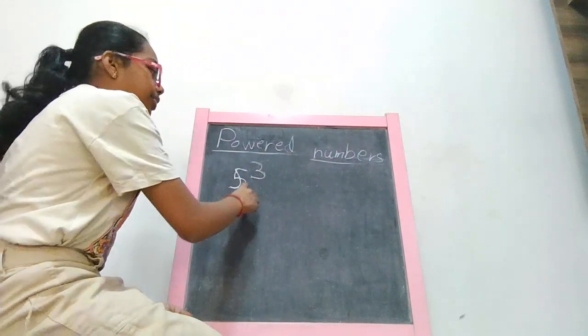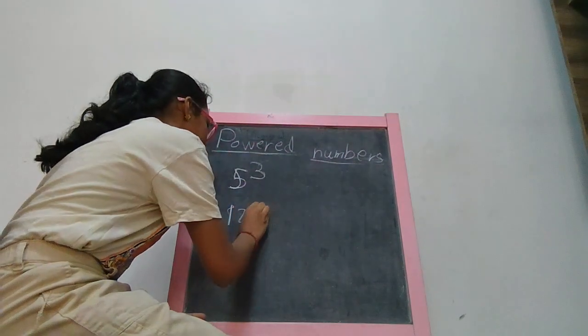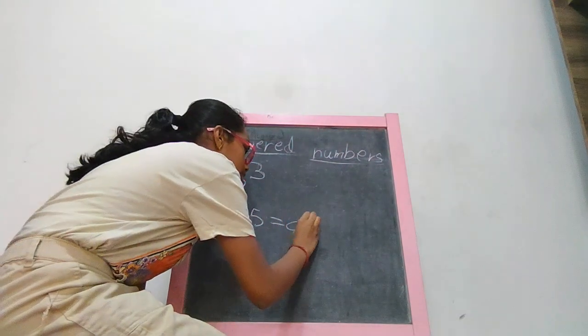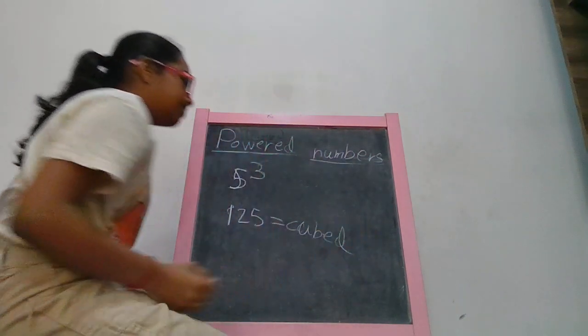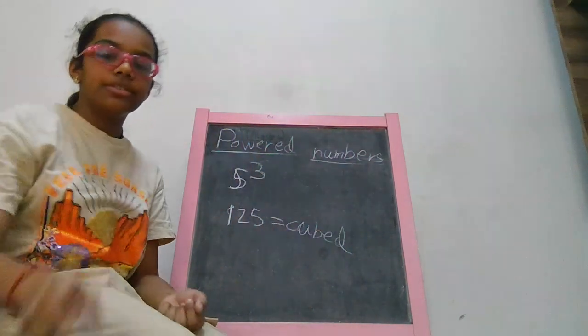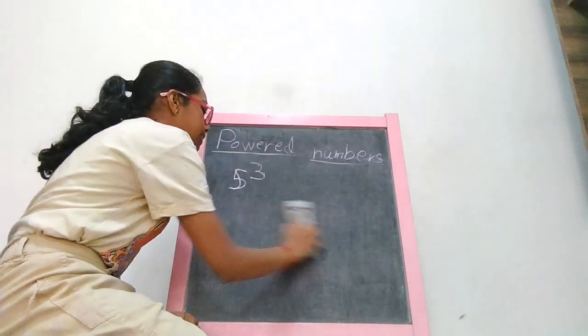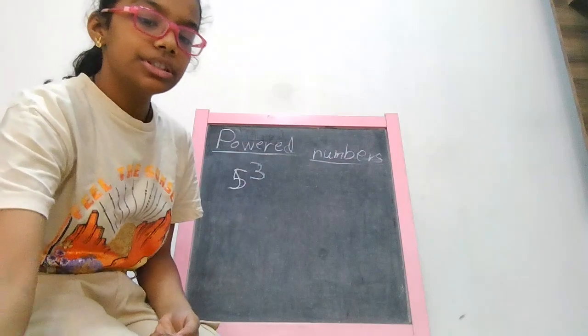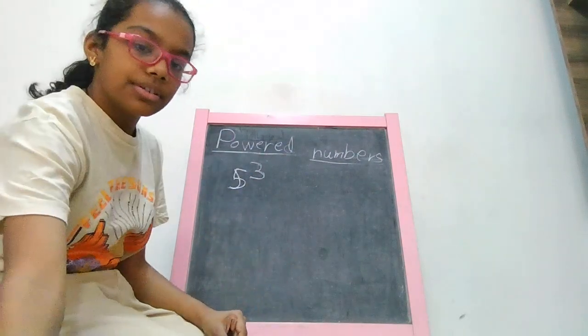So 5 cubed is 125 and 125 is a cubed number. Got it? Now, these are the only 2 numbers that have special names. The rest of the numbers have very normal names.